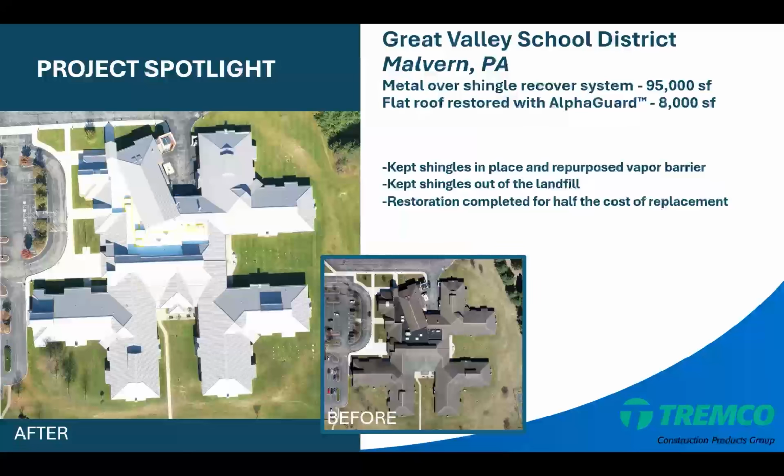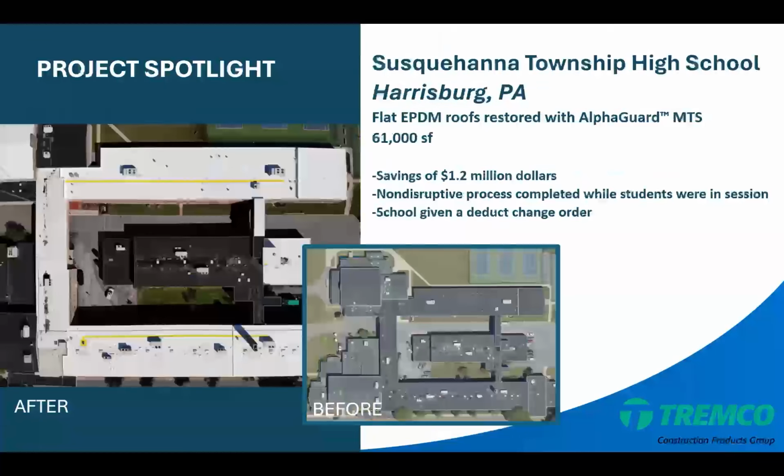So there were two different types of roofs on this facility. The shingles remained in place, and we repurposed the vapor barrier. This kept the shingles out of the landfill, and restoration was completed for nearly half the cost of replacement.